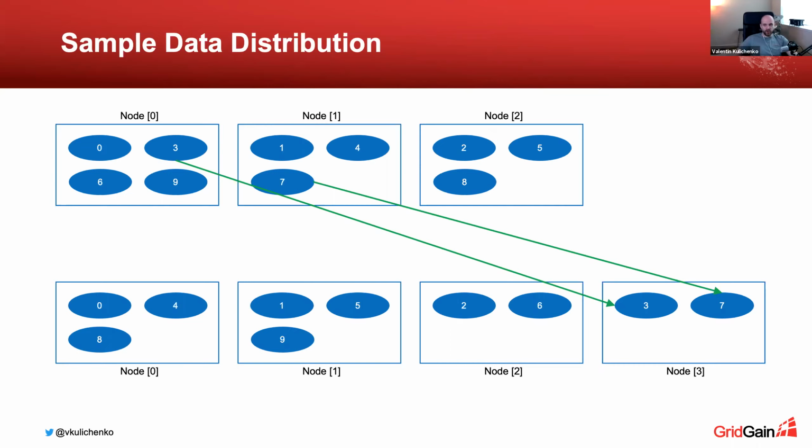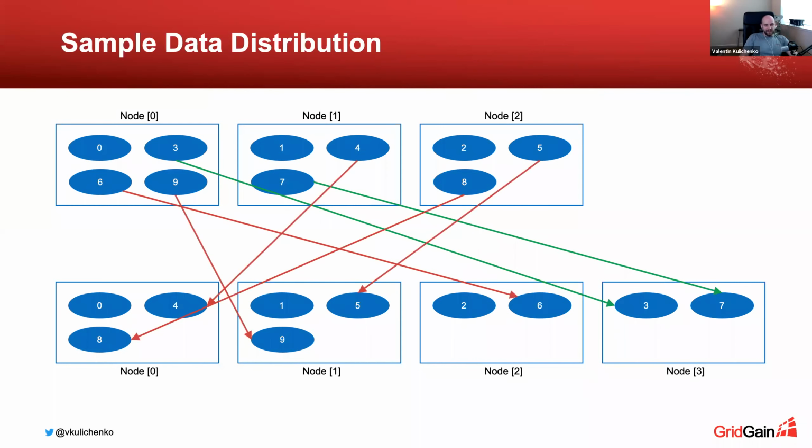We want this new node to utilize the resources, to store the data and to process requests. So it's absolutely expected and absolutely what we want from this whole rebalancing process. However, if you look carefully, you'll see that there are a bunch of other data movements and a bunch of these red arrows, which actually becomes really messy.